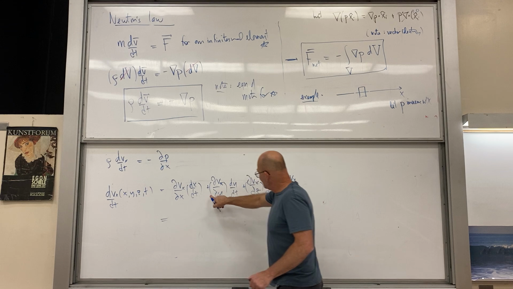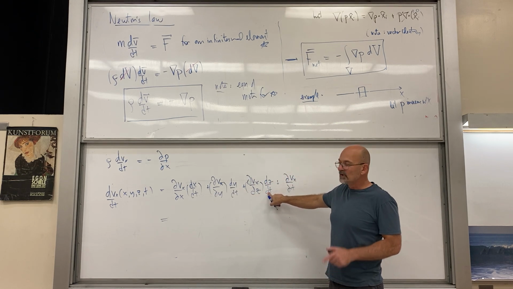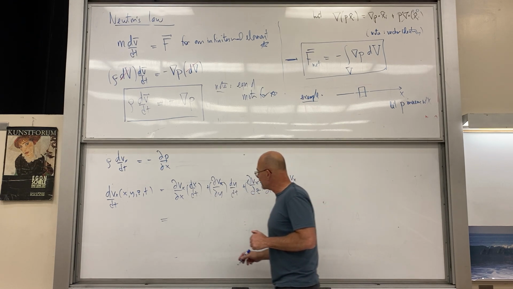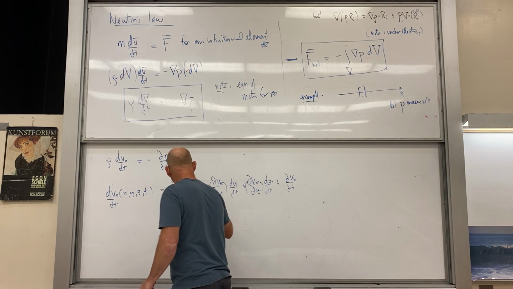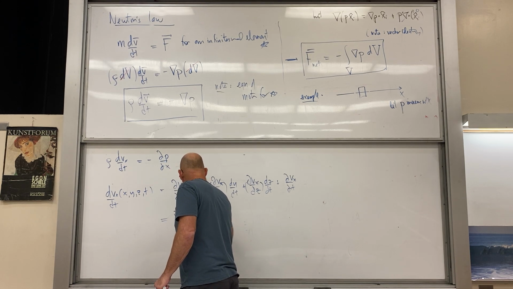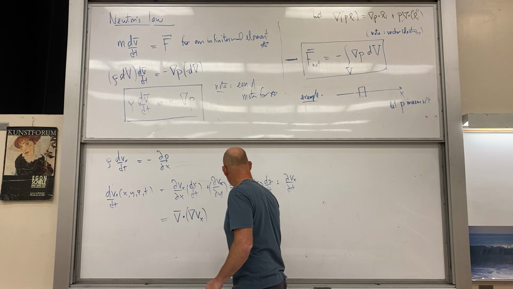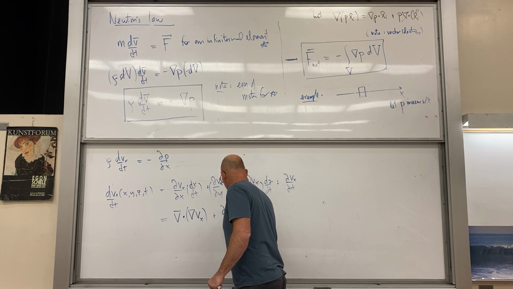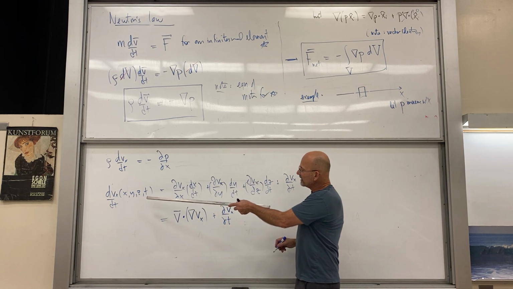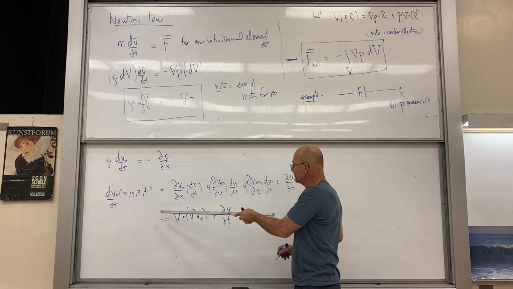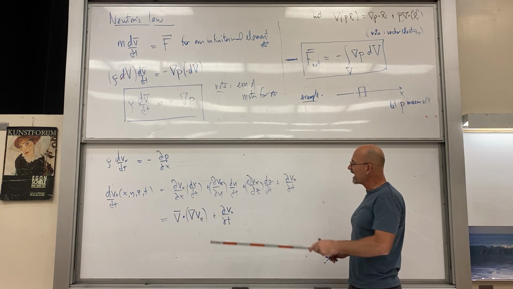So this dx/dt, dy/dt, dz/dt we will interpret as the velocity vector itself. So this is a v, and it's dotted into the gradient of vx, plus dvx/dt. So this was just the x component, right? V dot the gradient of vx.